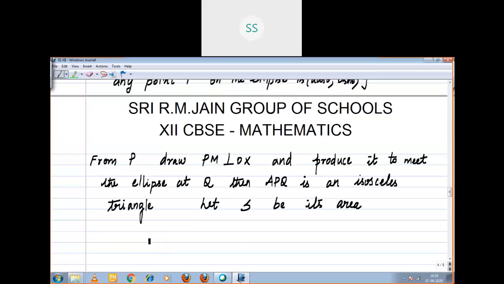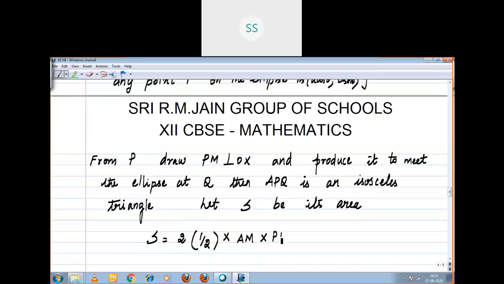Now, S equal to half into base into height, the area of a triangle. But here we have two triangles, so 2 into half into base into height. What is your base here? AM. What is your height?